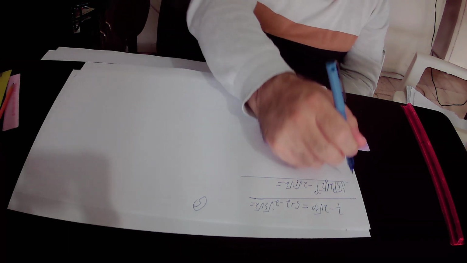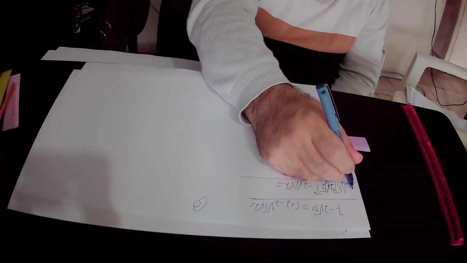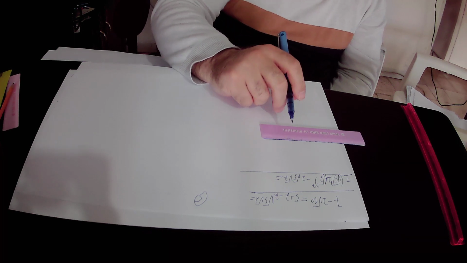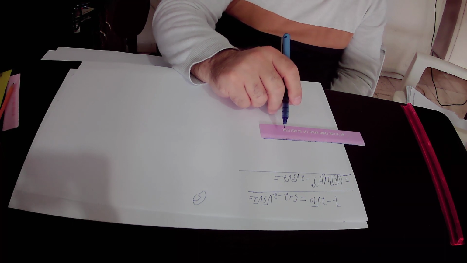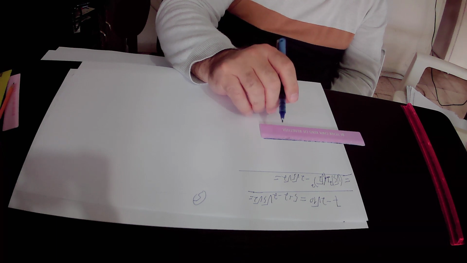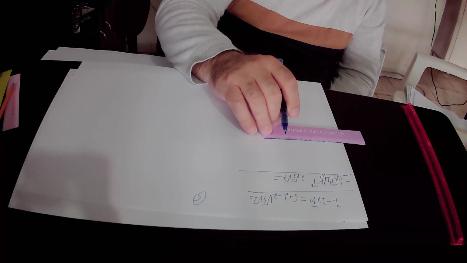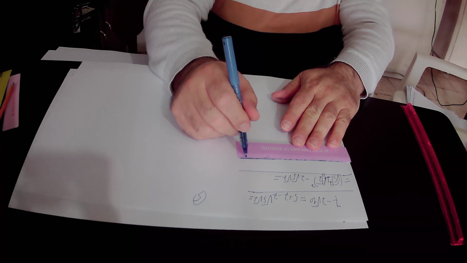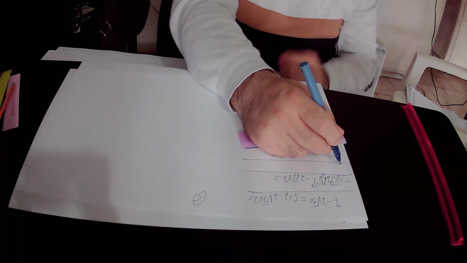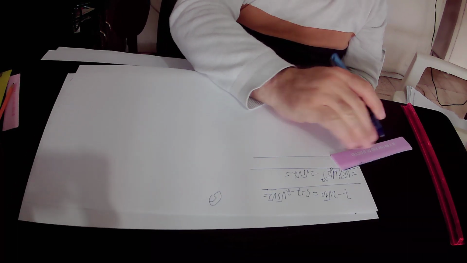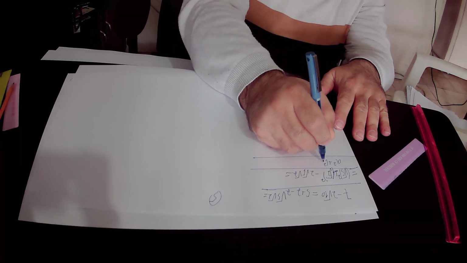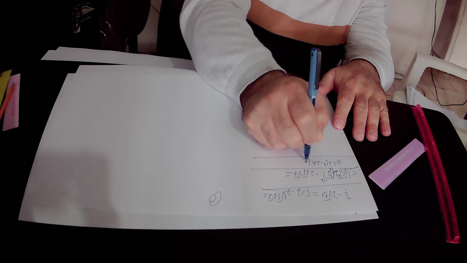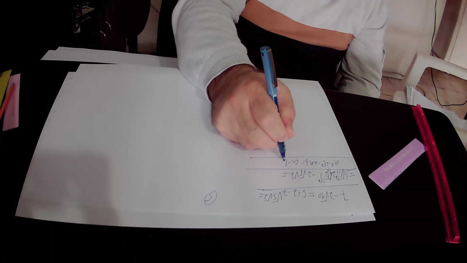Here we have the expression square root of 5 squared plus square root of 2 squared minus 2 times square root of 5 times square root of 2. This expression is very similar to the algebraic identity that states that a squared plus b squared minus 2 times ab equals (a minus b) squared.